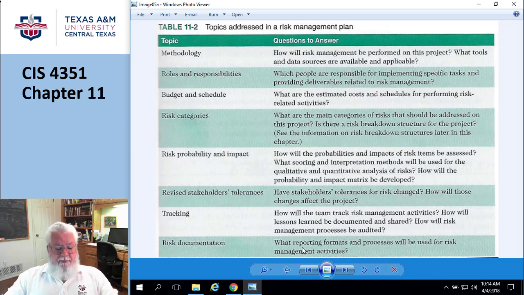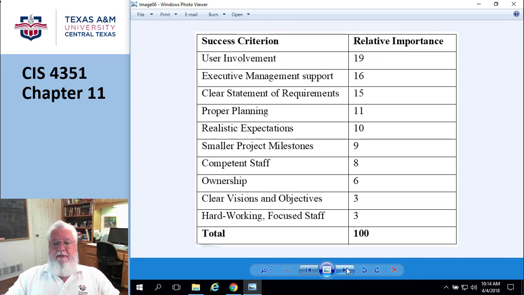So on page 434, they talk about the common sources of risk. And basically, I like this because it's kind of in priority order. They're using success, but you could kind of spin it around. Let's talk about failure.